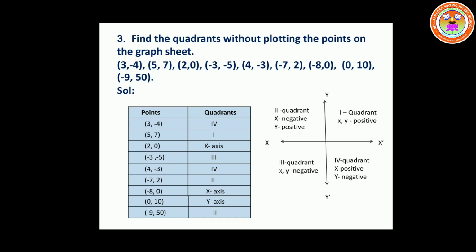This point lies on the y axis. Yes. Very good. Next, the last one, minus 9 comma 50. So here x is negative, y is positive. It belongs to the second quadrant. Understood, children? Just go through the approximately drawn graph, so you will get thorough with this. It's quite easy only.